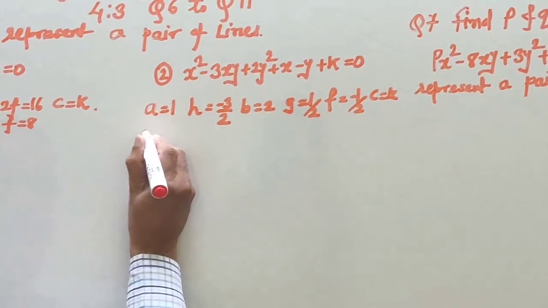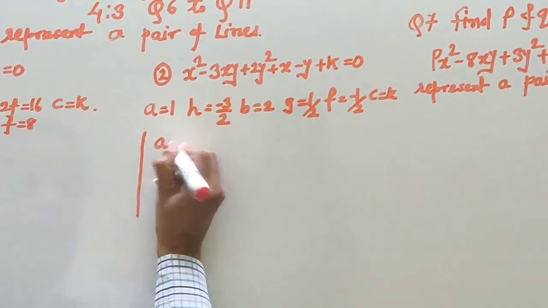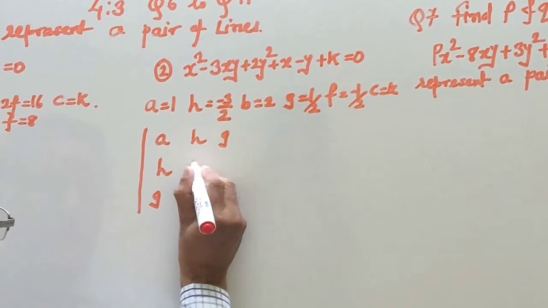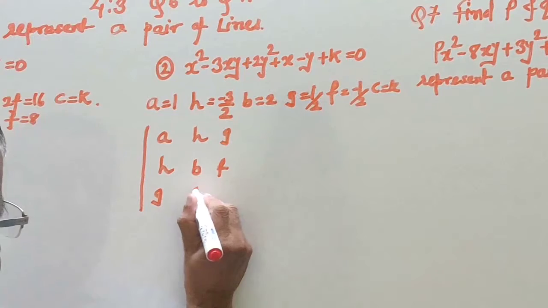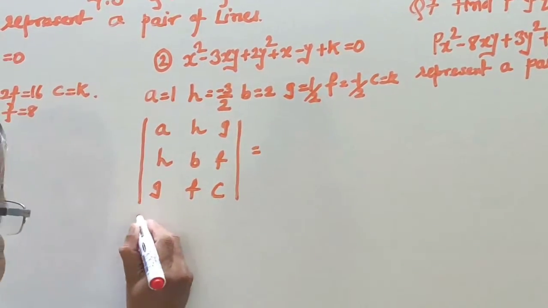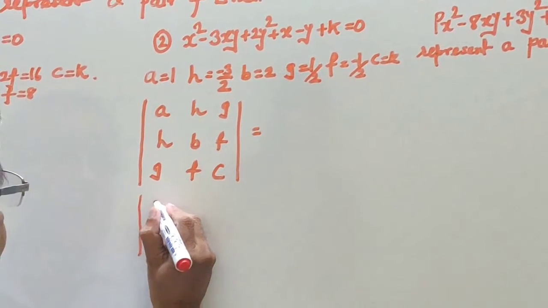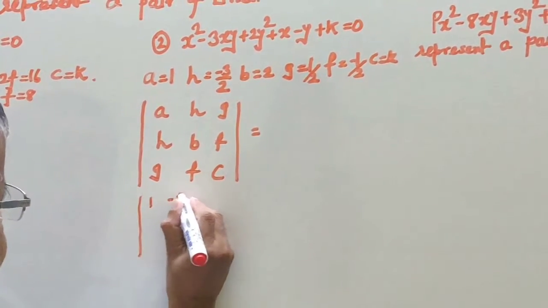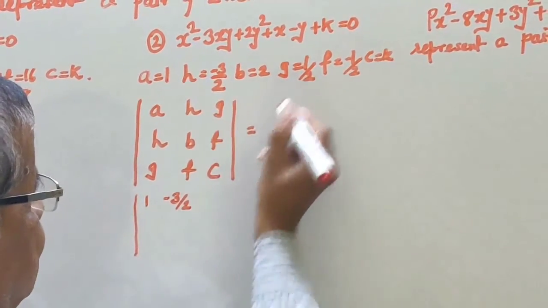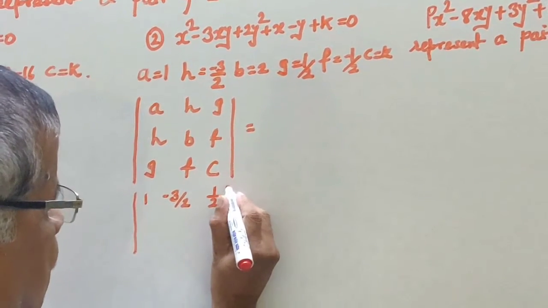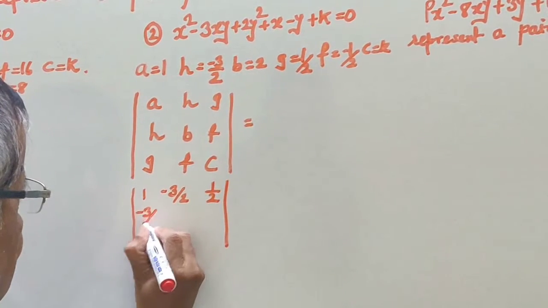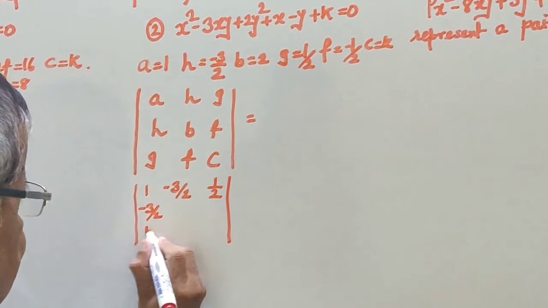Now I will write down the determinant: a, h, g; h, b, f; g, f, c, is equal to 0. Now I can substitute the values here. a is 1, h is minus 3 by 2, g is 1 by 2.